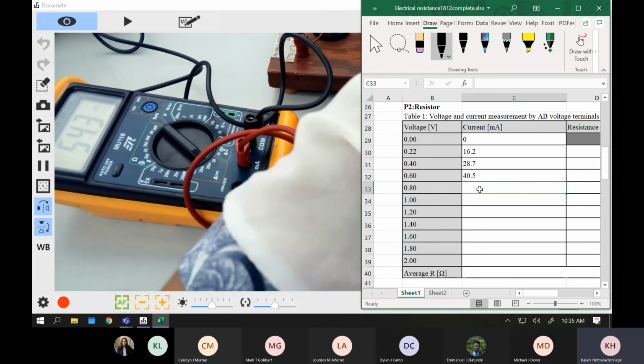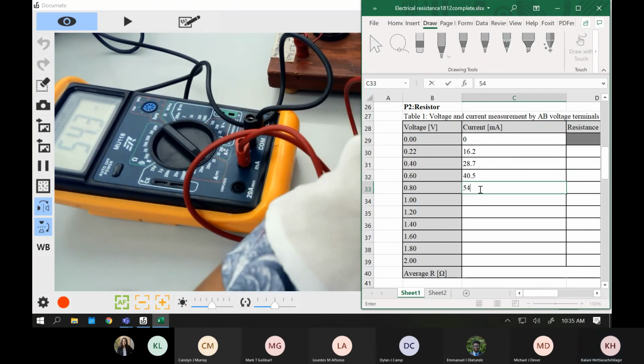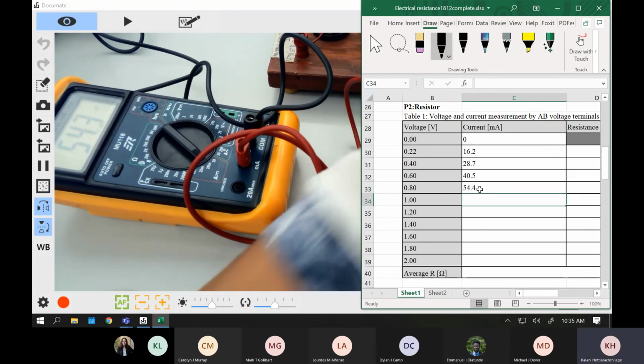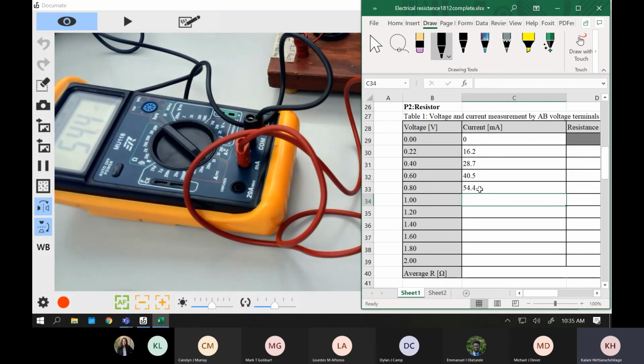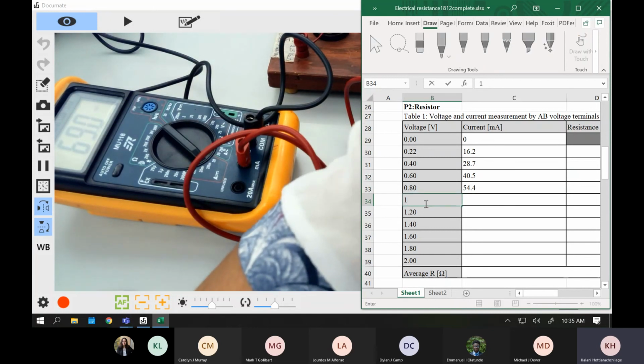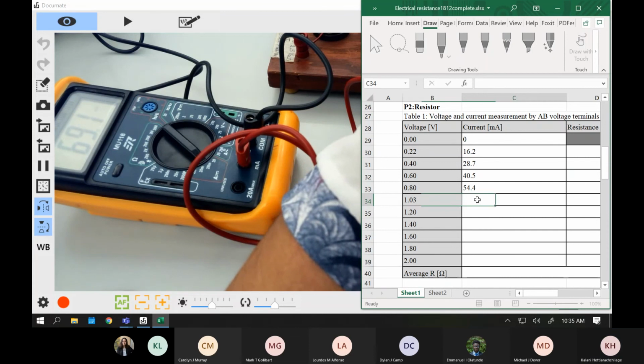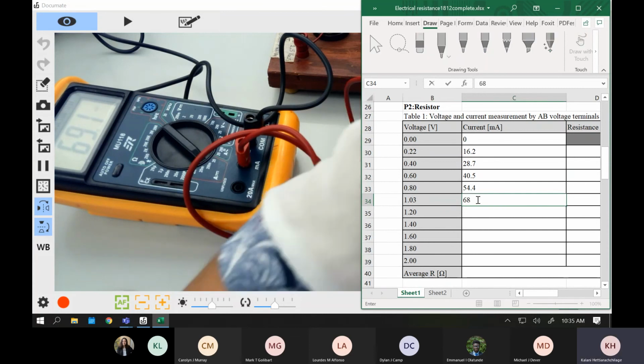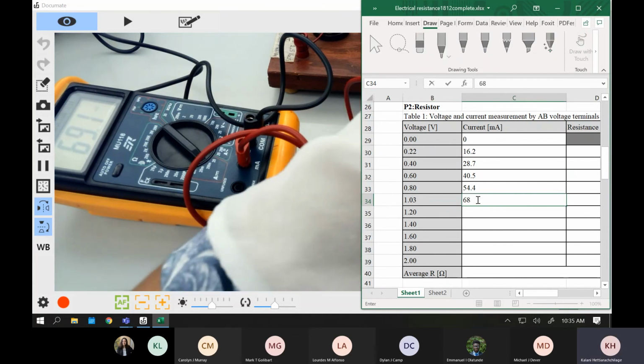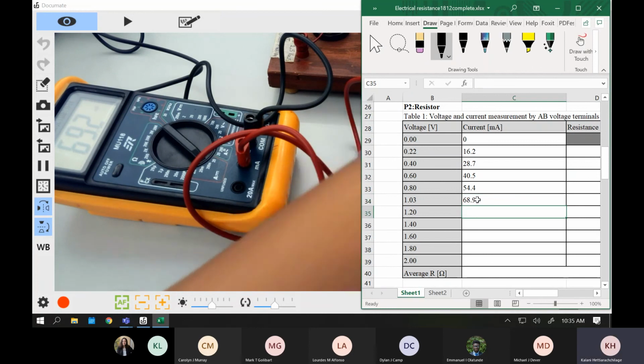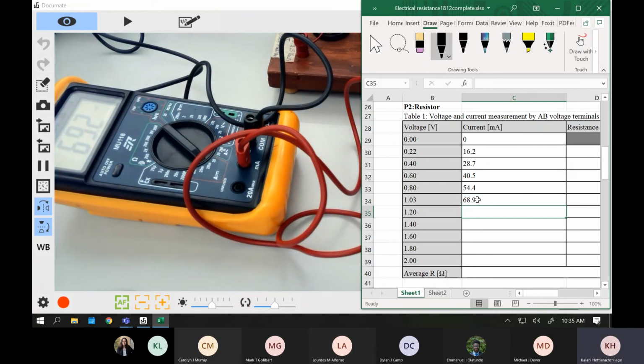0.54. 1 or 368. And don't increase more than 2, you have to stop at 2, okay? 1.20.